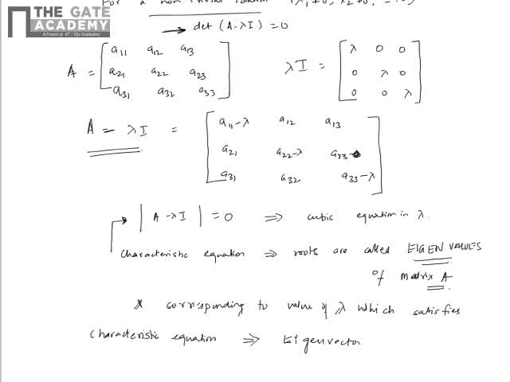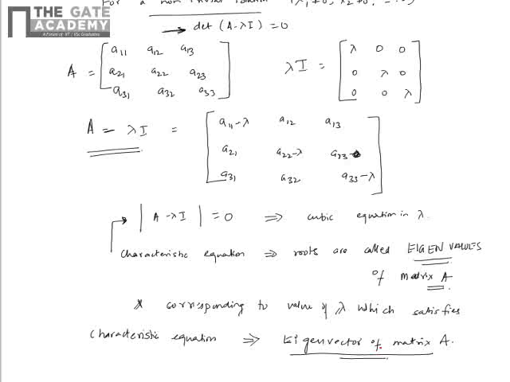So this is just the definition. We have seen how to find eigenvalues, how to find eigenvectors, and what the characteristic equation is, that is, nothing but the determinant of A minus lambda I.